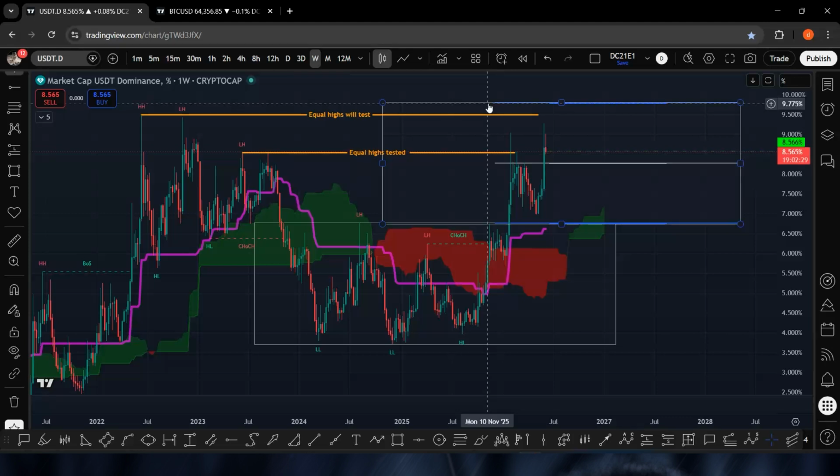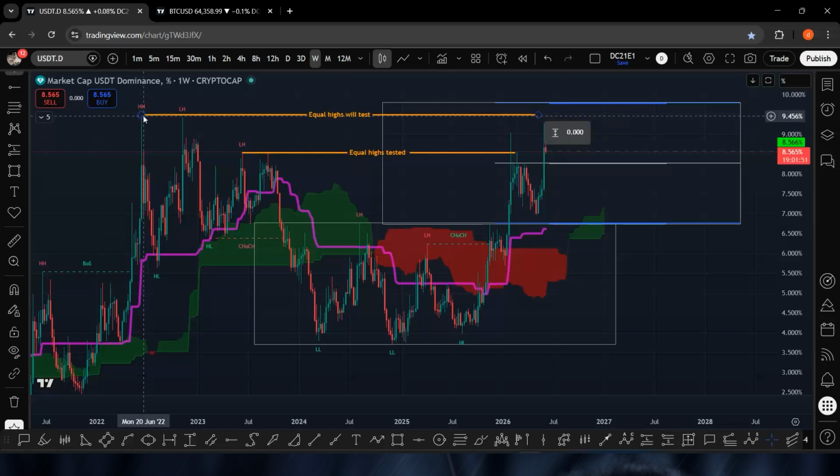And as you know, whenever we go upside in USDT dominance, it means crypto will tank and we will be bearish on crypto. Okay. In the short term, we expect a short-term downside, which gives you a short-term long opportunity, but in the midterm, we're expecting to test the top edge of this box, which is giving you lower targets on Bitcoin.